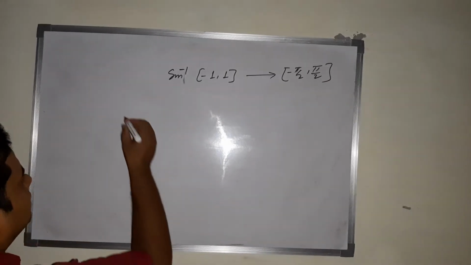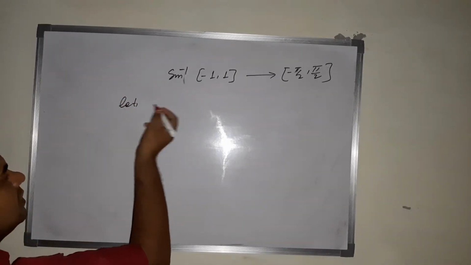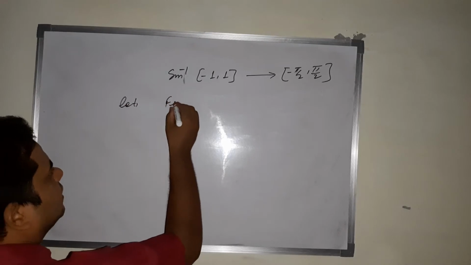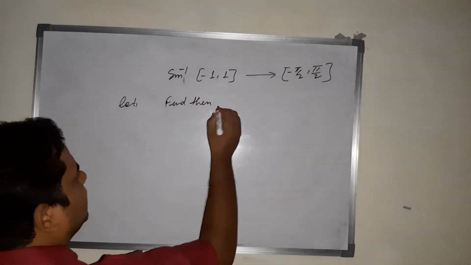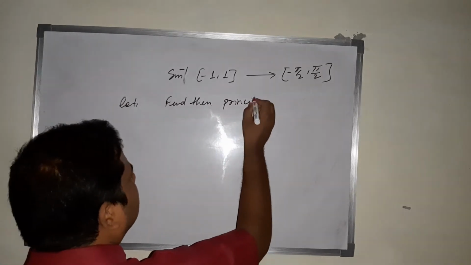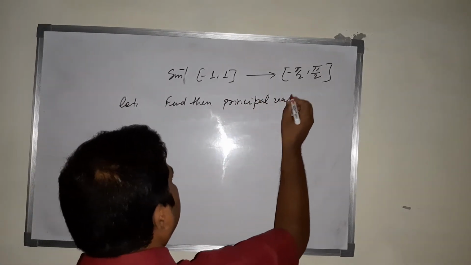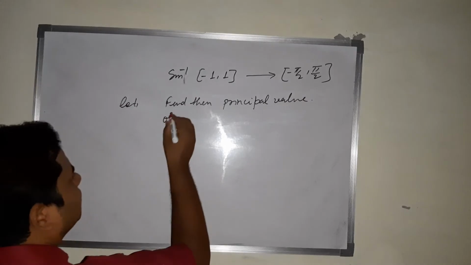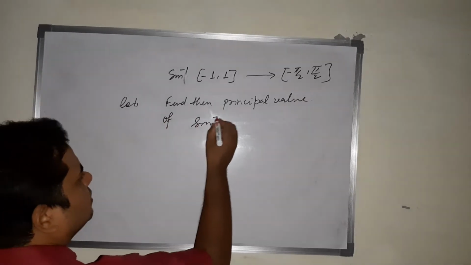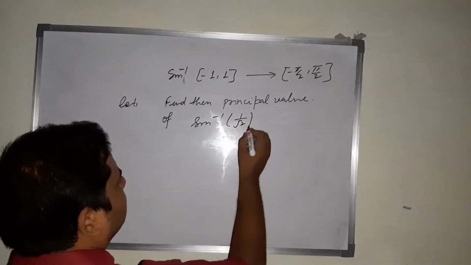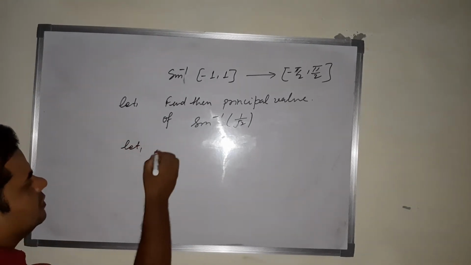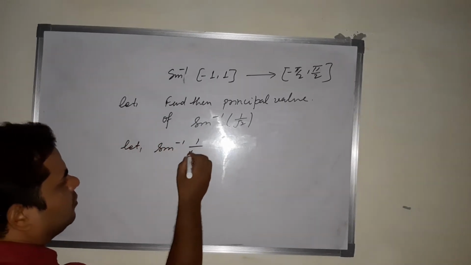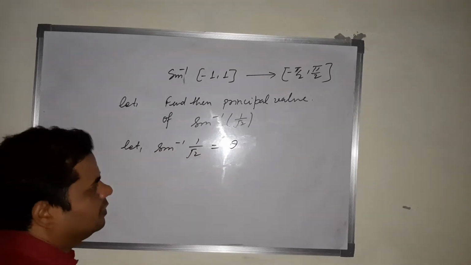Let us consider an example. Find the principal value of sine inverse 1 by root 2. So for this, let sine inverse 1 upon root 2 be equal to theta.